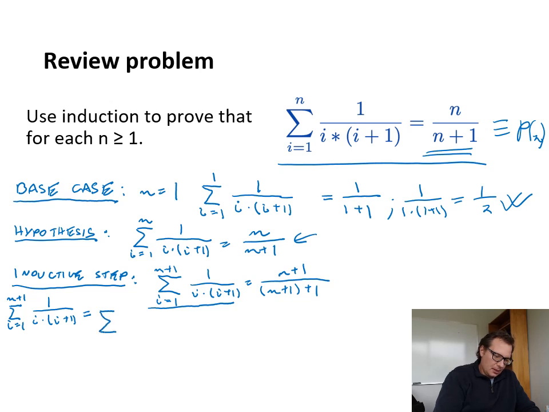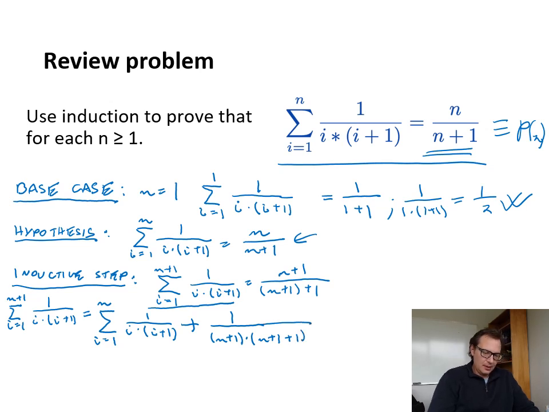It is equal to sigma I equal from 1 to n of 1 over I times I plus 1, and then plus, so we are missing the n plus first member: 1 over n plus 1 times n plus 1 plus 1, so that's when I is n plus 1.